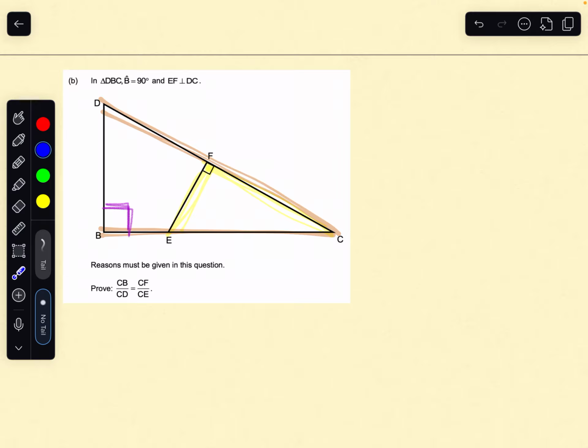this conundrum. Another thing I'm thinking about is SOHCAHTOA, because the big triangle and the small triangle share this angle in common.